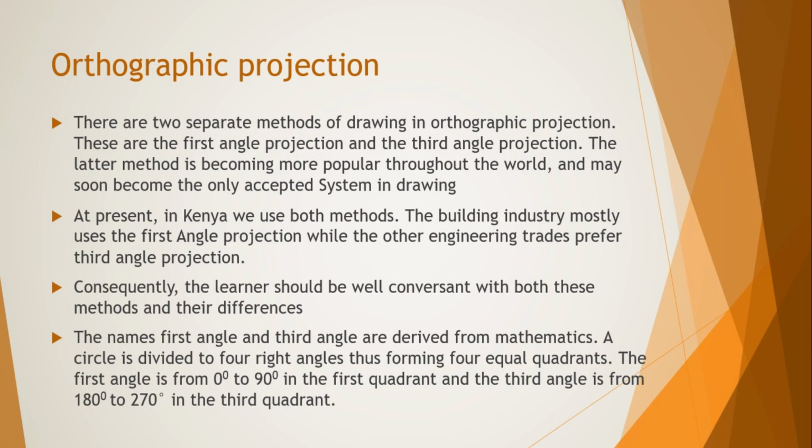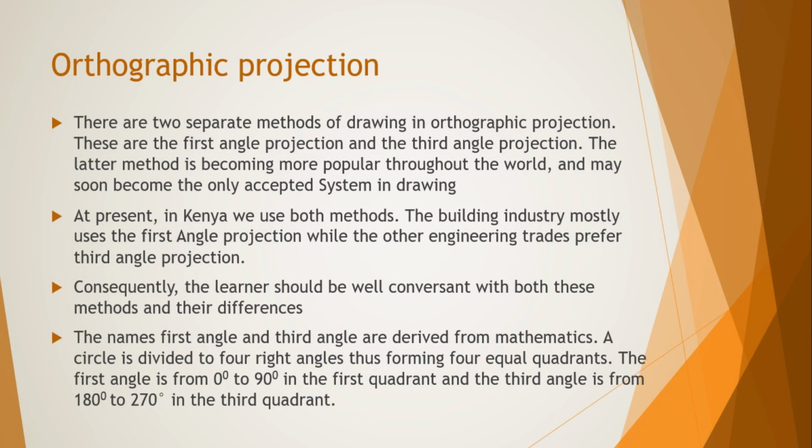This course is being taught in Kenya currently, and in Kenya we use both methods. The building industry in Kenya mostly uses the first angle orthographic projection, while the other trades of engineering prefer the third angle orthographic projection. Consequently, the learner should be conversant with both methods, as both are examinable.